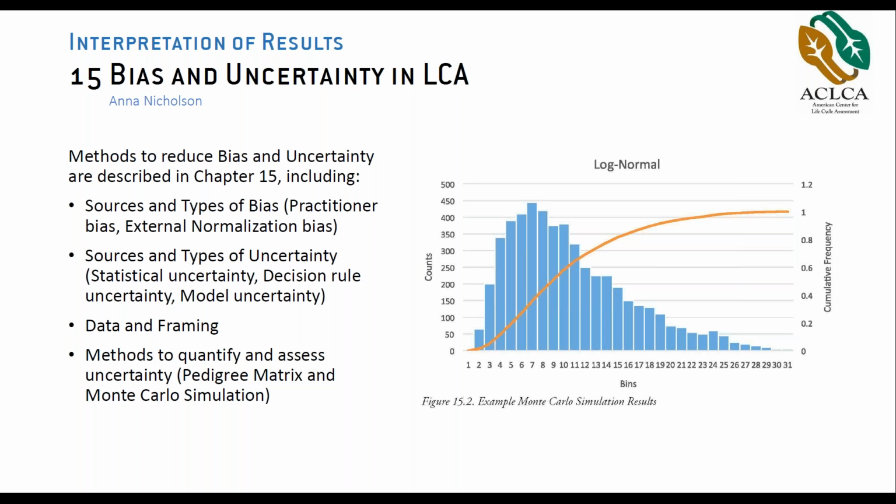This chapter focuses on, in particular, these terms being defined, and the sources of bias and uncertainty are identified, for which uncertainty has many potential sources. And it also discusses methods to eliminate or minimize each of these sources of inaccuracy.